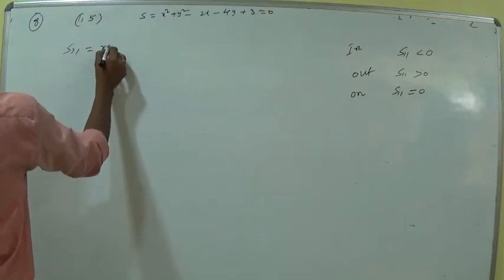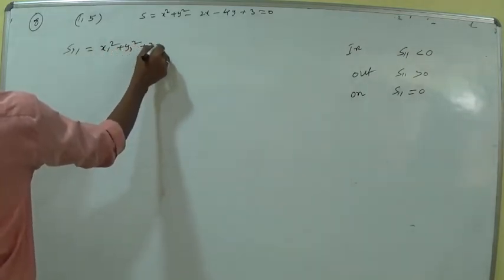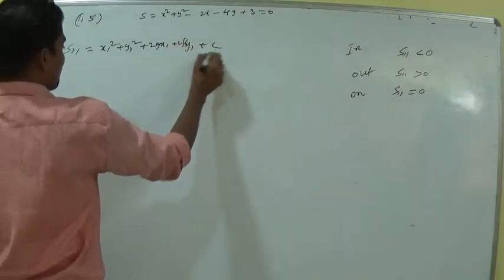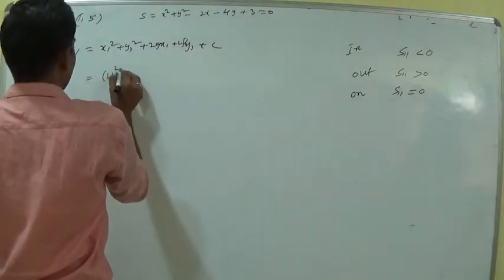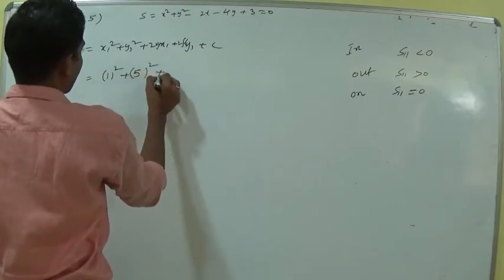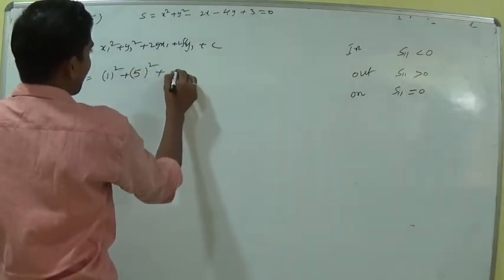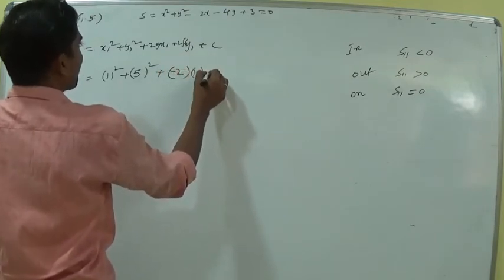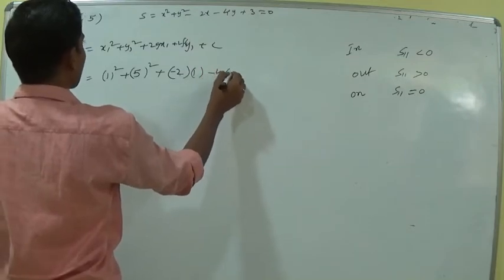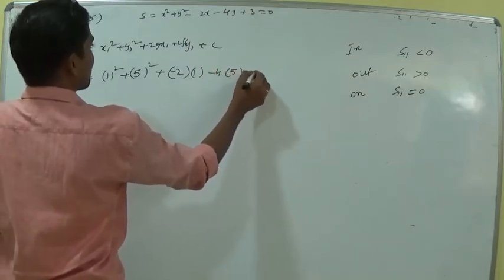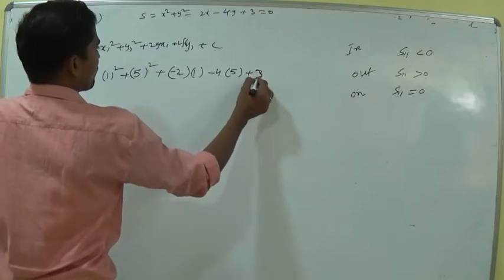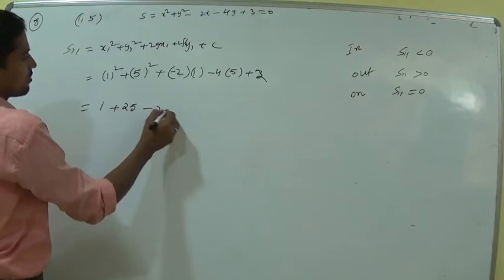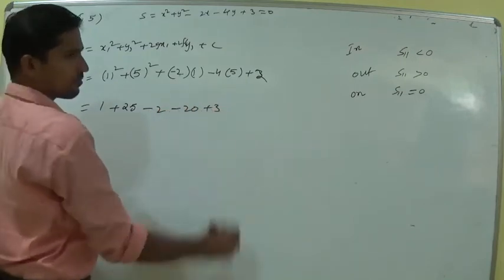S11 is equal to x1 square plus y1 square plus 2gx1 plus 2fy1 plus c, which is 1 square plus 5 square plus 2g, that is minus 2 into 1, plus 2f, that is minus 4 into 5, plus 3, which is 1 plus 25 minus 2 minus 20 plus 3.